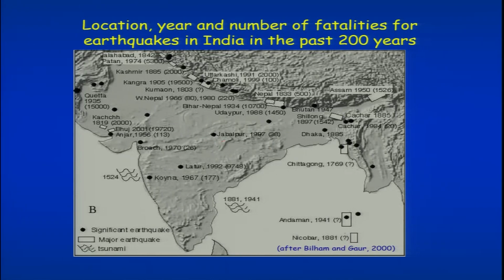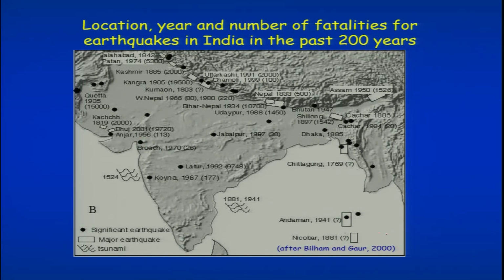Nevertheless, this region has also experienced earthquakes like Jabalpur in 1997 and Latur, Koyna. This was related to reservoir induced seismicity. Then we have the Bharuch earthquake and a couple of large magnitude earthquakes in this region: 1819, then 2001, which was the recent one, and 1956.